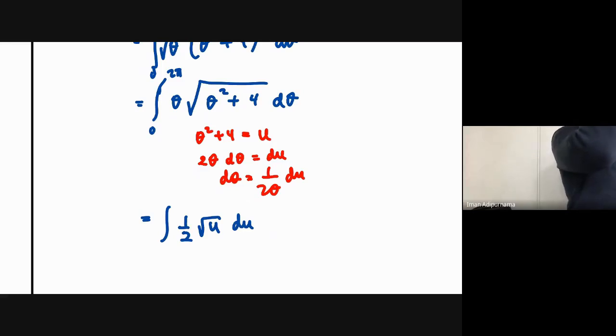And then the limits will change, right? When theta is 0, u is 4. When theta is 2 pi, u is 2 pi squared plus 4.